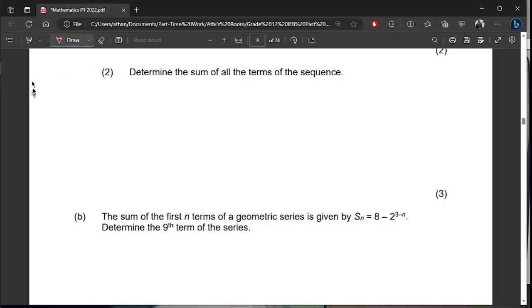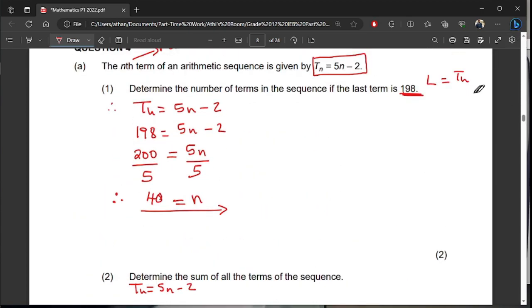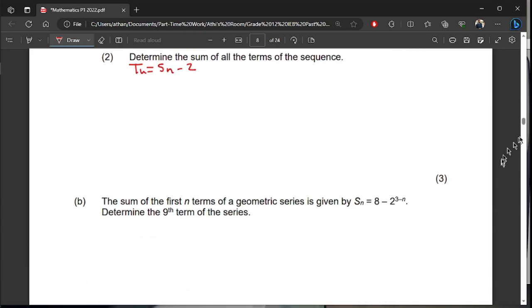Question number 2, determine the sum of all the terms of the sequence. So we need a sequence here guys before we start. Remember our Tn was 5n minus 2. Let me quickly confirm that Tn, yes, it's 5n minus 2. So how do we find the sum of the sequence here?